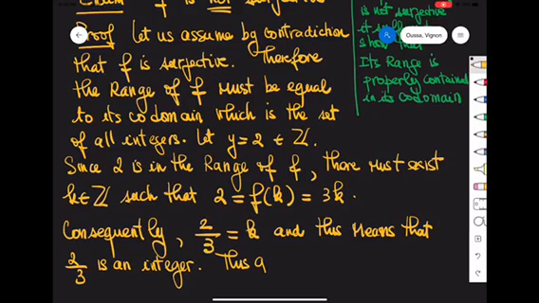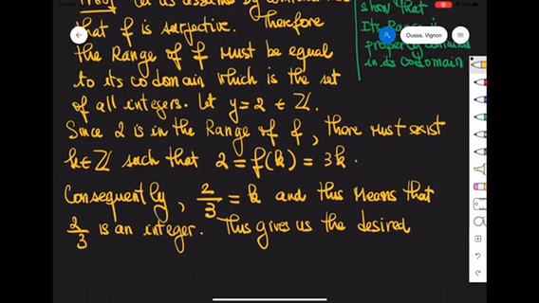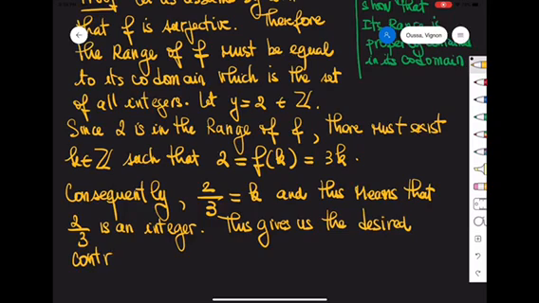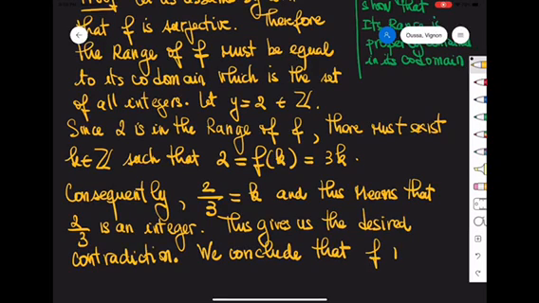This gives us the desired contradiction. We conclude that f is not a surjective function. Why? Because we were able to find an element in the codomain which is not in the range of the function.